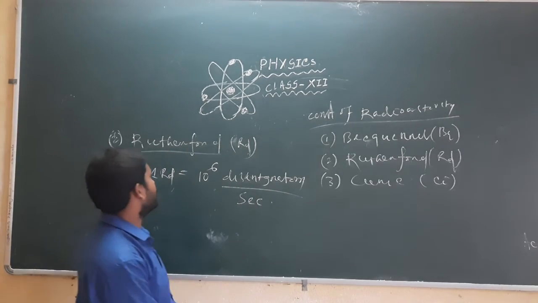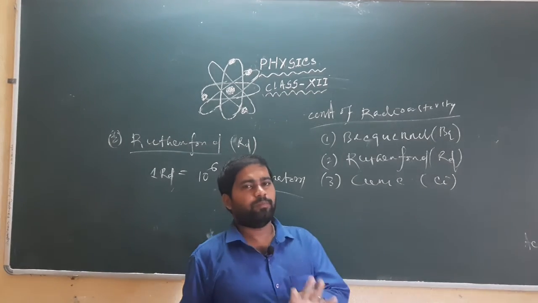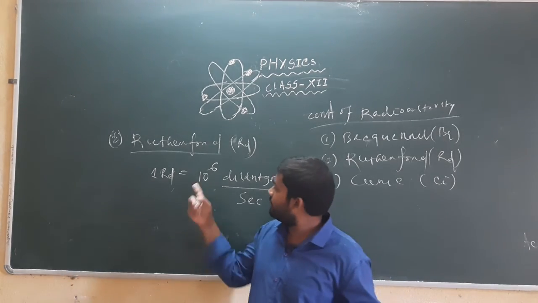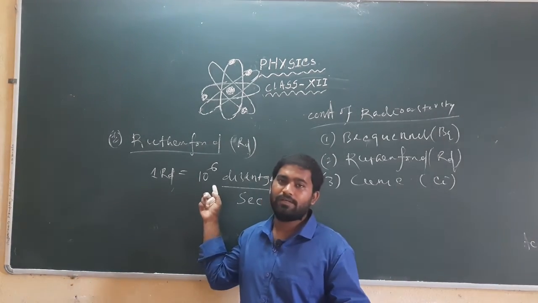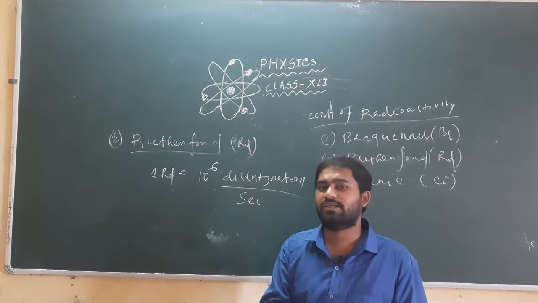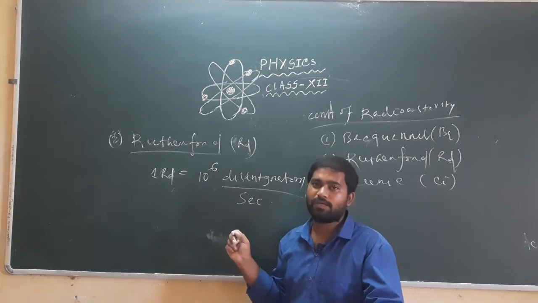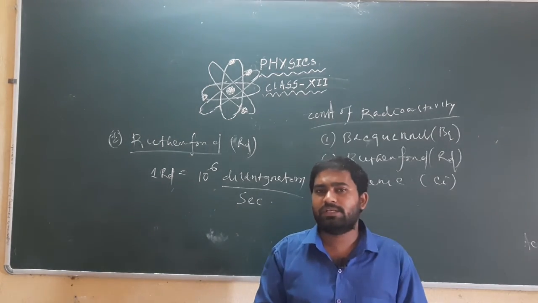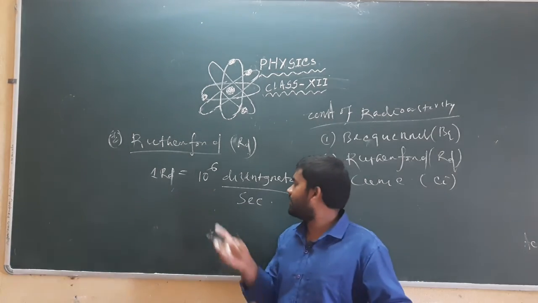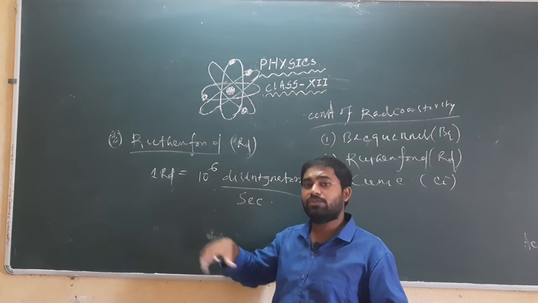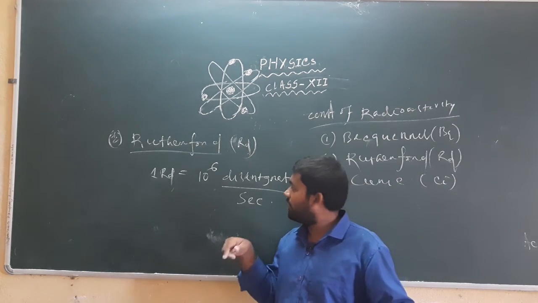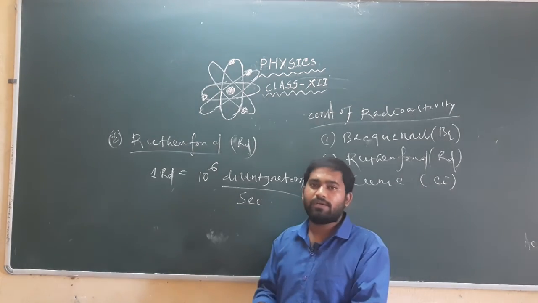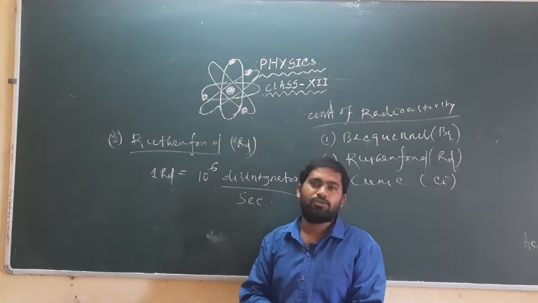That means 1 Rutherford may be defined as a decay rate of 10 to the power 6 atoms disintegrating in 1 second. If from any radioactive sample the number of atoms disintegrating is 10 to the power 6 in 1 second, then that radioactivity is known as Rutherford.